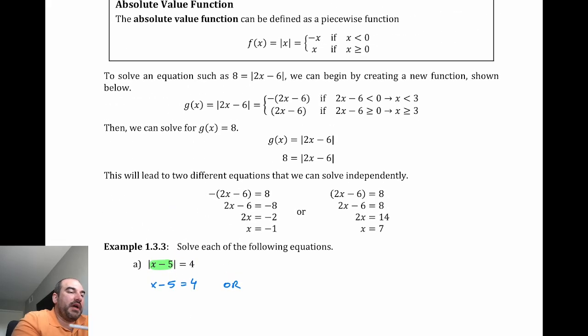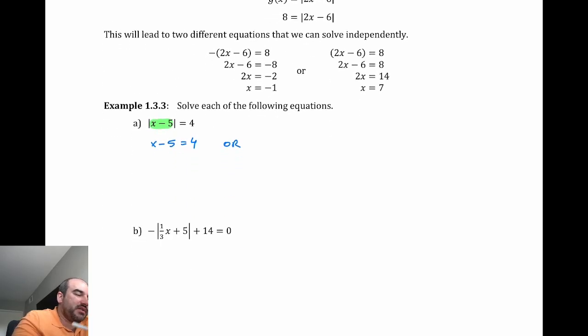No, how did we define it here? If x was negative, what did we do to the x here in the piecewise function to make it positive? Multiply by a negative. So we're going to take whatever's inside there, the x minus 5, and we're assuming it's negative in this case. So we're going to multiply by a negative 1 to make it positive. And then we'll still be equal to 4.